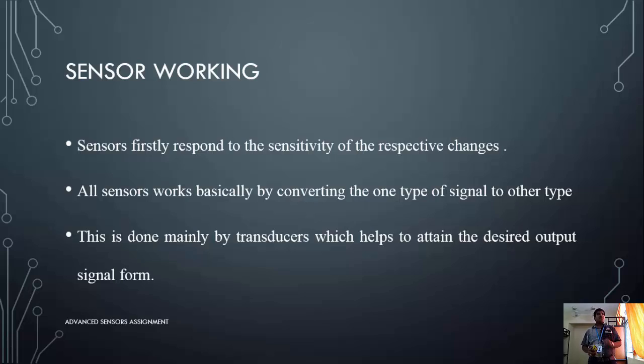Every sensor does the same work, converting one form of energy to another form of energy, but it depends on what type of work is in the environment. This is done mainly by transducers, which help to attain the desired output signal form. The transducer is the main component for converting one form of energy to another form. So this is called a transducer.